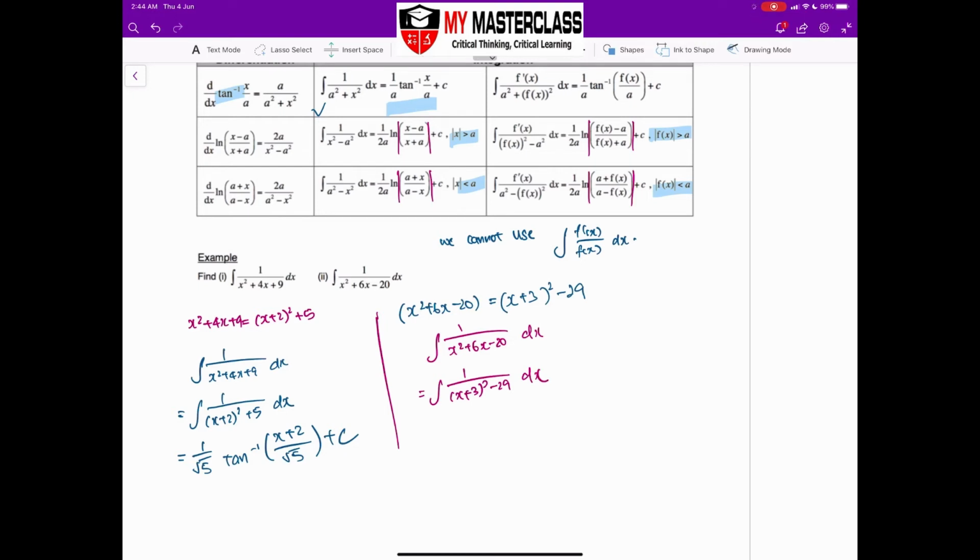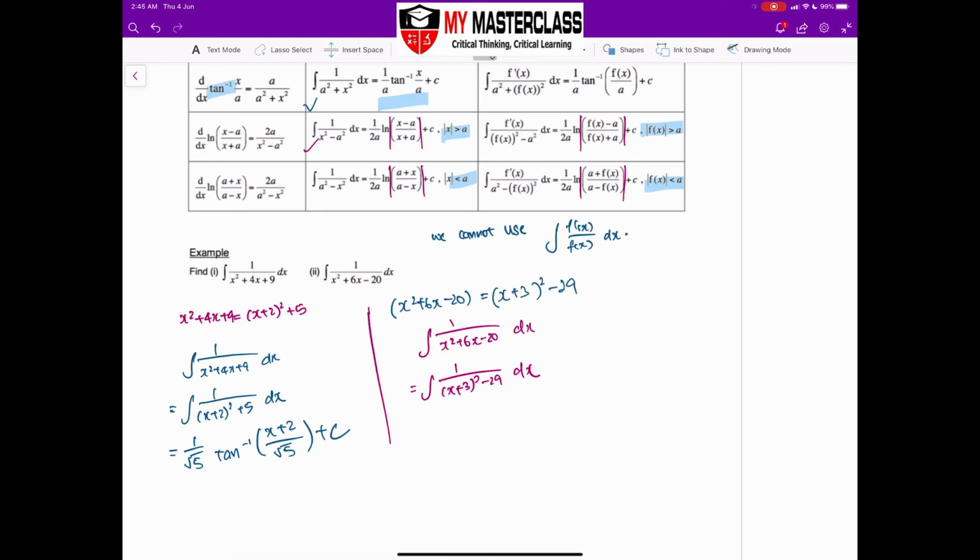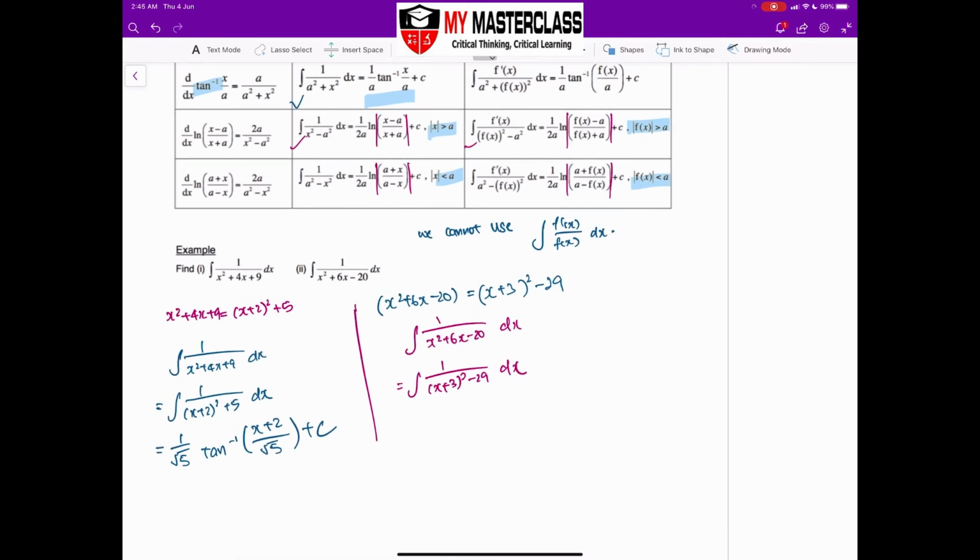Take note, this is actually the second formula, x squared minus a squared, or rather f(x) squared minus a squared. Your f(x) is x plus 3, so f prime x is 1, so there's no need for me to introduce any constant outside. I can plug in the formula straight. It's 1 over 2a, and in this case your a is square root 29. So ln modulus of x plus 3 minus square root 29 over x plus 3 plus square root 29, modulus, plus c.